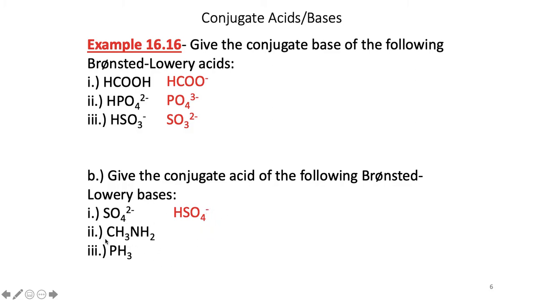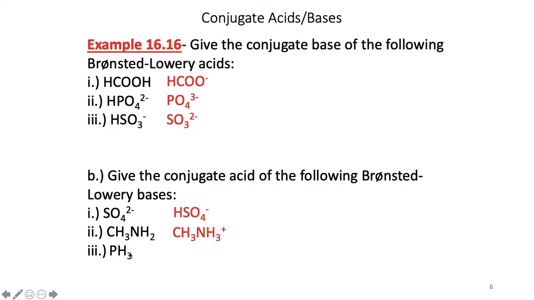Let's look at this one. CH3NH2. It's acting as a base, so it's going to accept a proton, which means that instead of NH2, I can put a 3, CH3NH3, but I'm also increasing the charge. This has a charge of 0, which means it's going to have a plus charge. CH3NH3 plus, I increased the hydrogens by 1, and I went from 0 plus a 1, giving me a +1 charge.